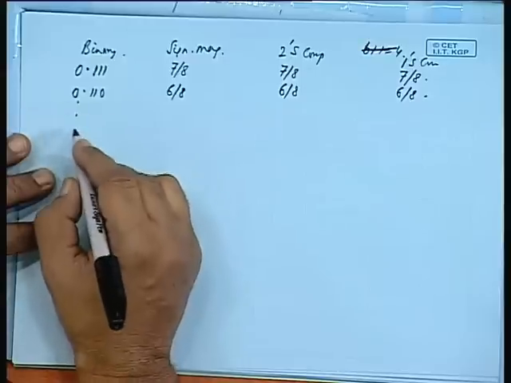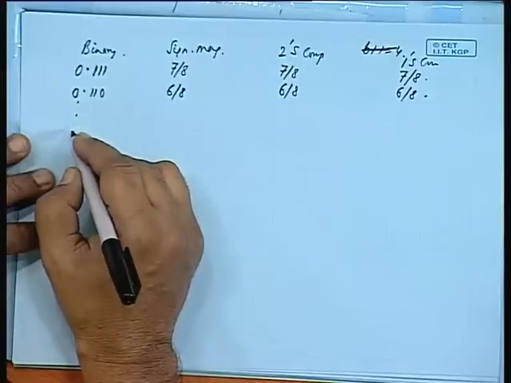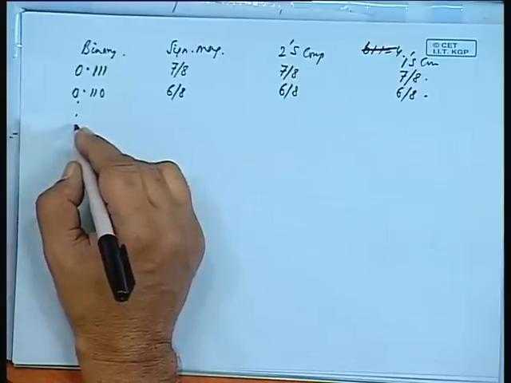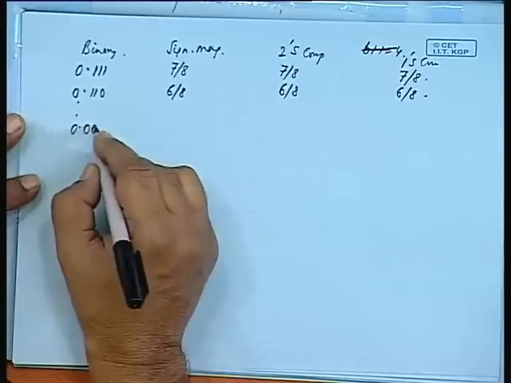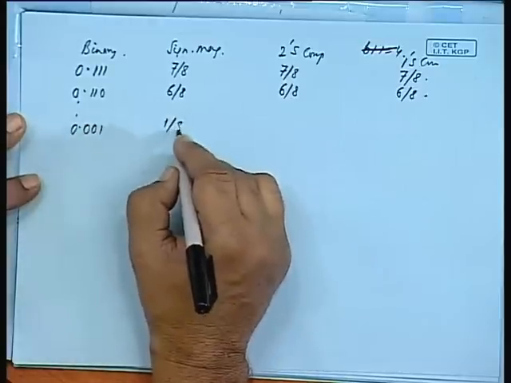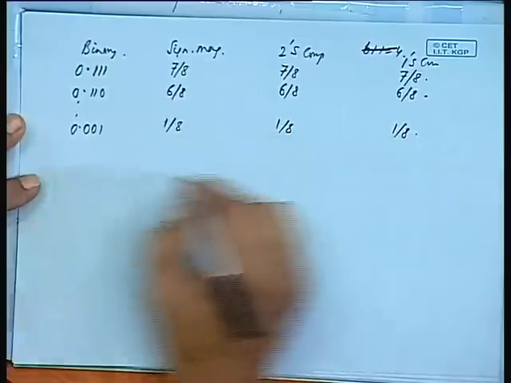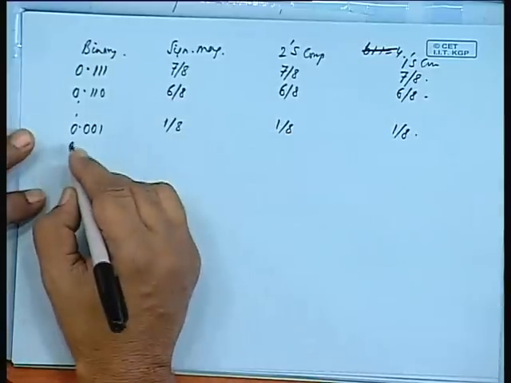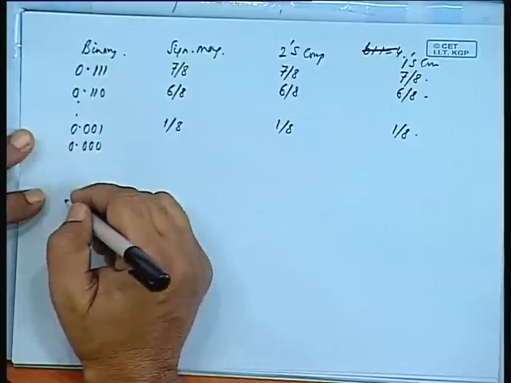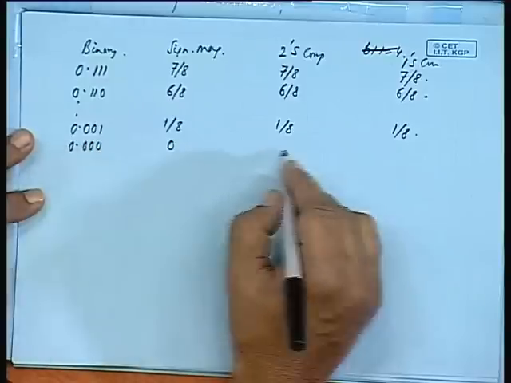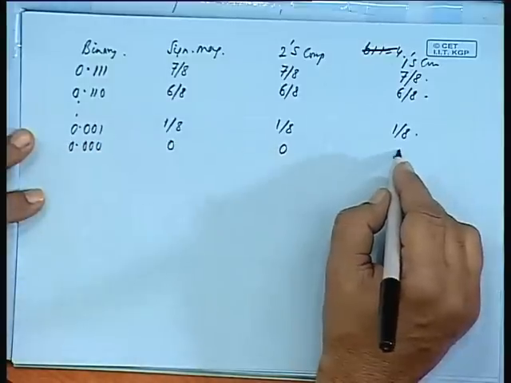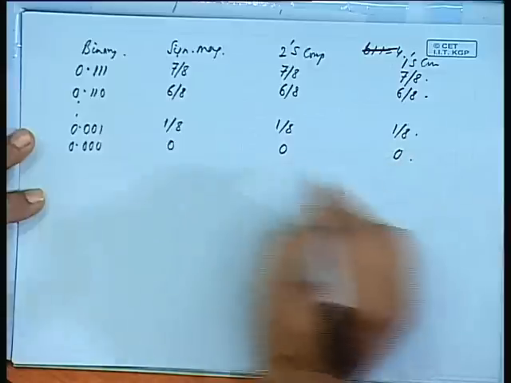So, like that, when it comes to, okay, 0.001 will be 1 by 8, 1 by 8, 1 by 8. The change starts now. 0.000 will be 0, 0, 0.